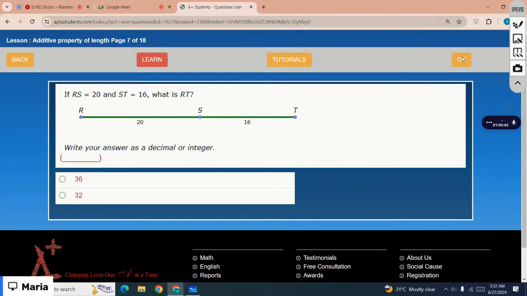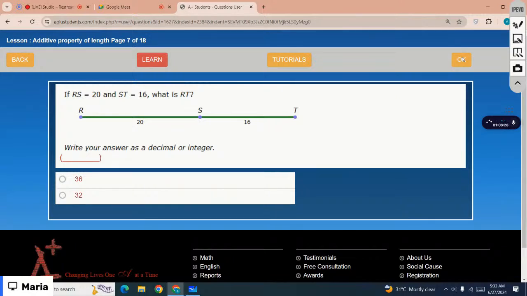If RS equals 20 and ST equals 16, what is RT, which is the correct option? The correct option is 36. It is right. Option number 1 is the correct option.